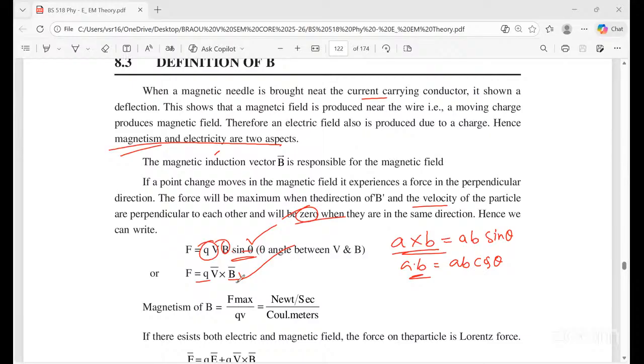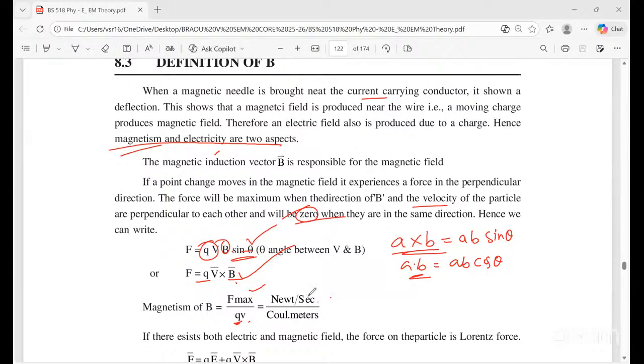So from this equation, B equals F by QV. Force is measured in Newtons, charge Q is measured in coulombs, and velocity in meters per second.